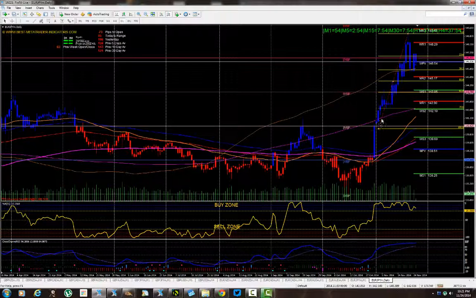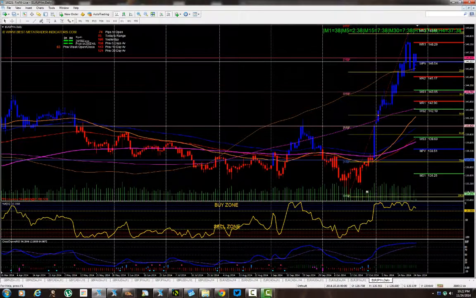Fib at the beginning of the month. I don't like the way that looks either. We'll leave it there.